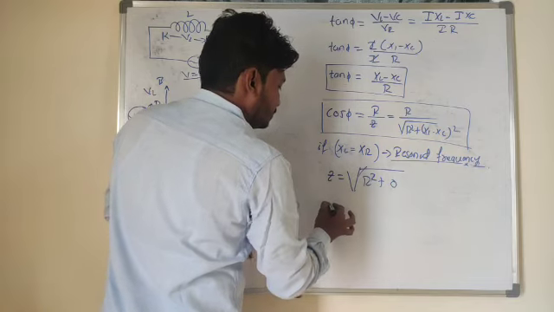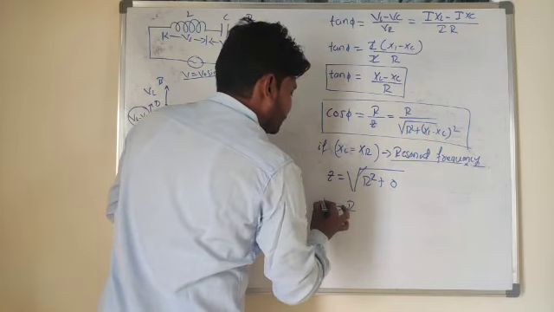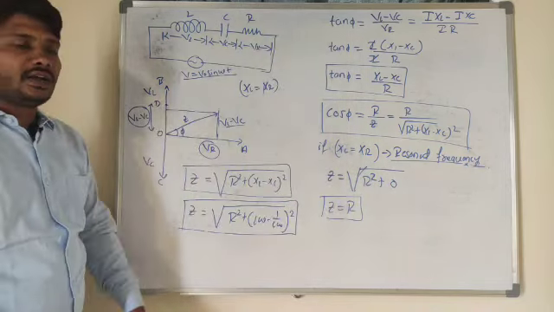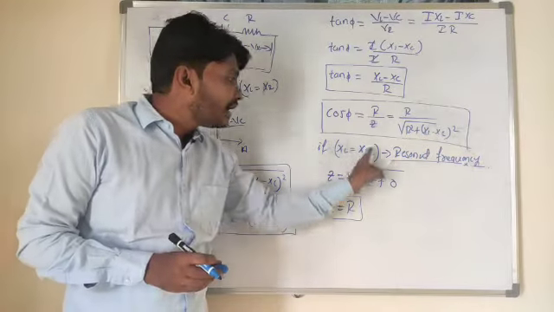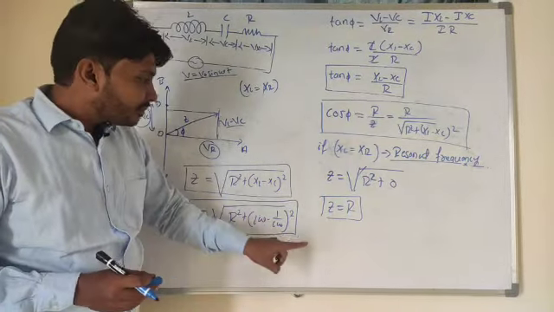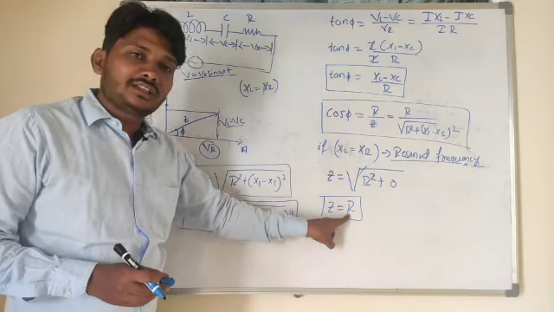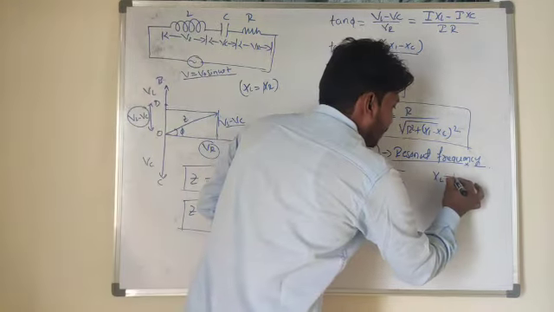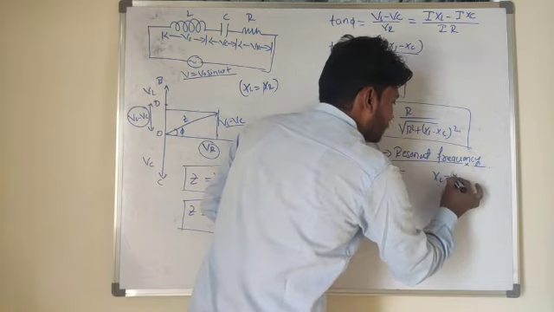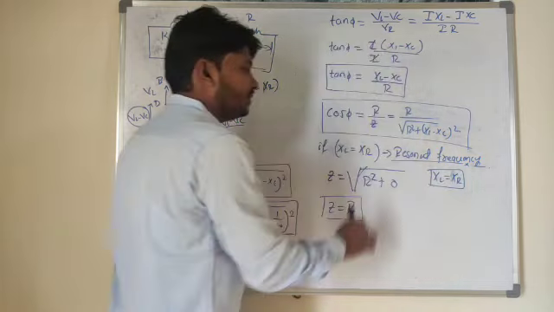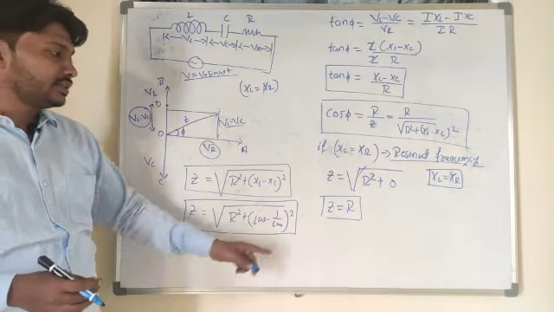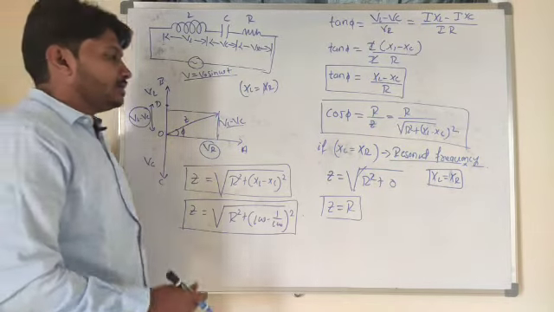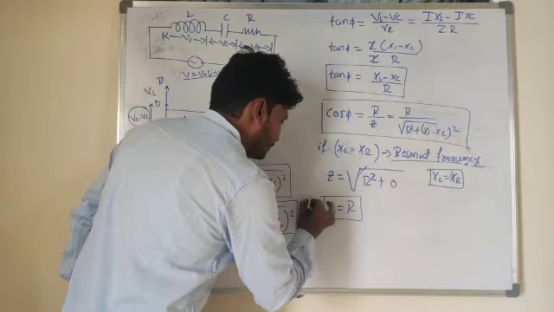So impedance is equal to resistance. At resonance condition or resonance frequency, impedance is equal to resistance, because at resonant frequency the inductive reactance is equal to the capacitive reactance. So Z is equal to R. Suppose this is the first case.